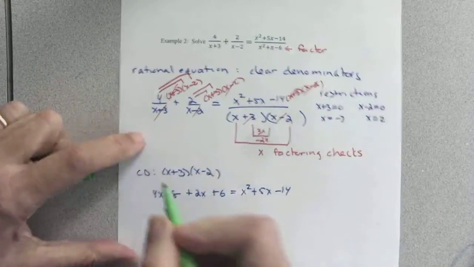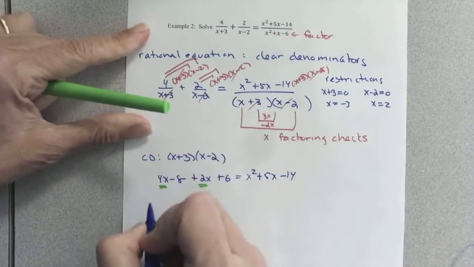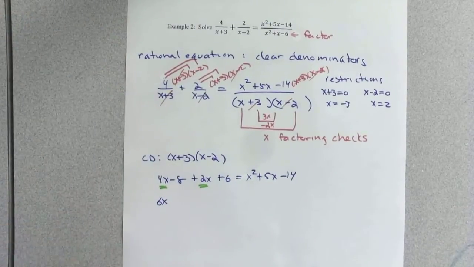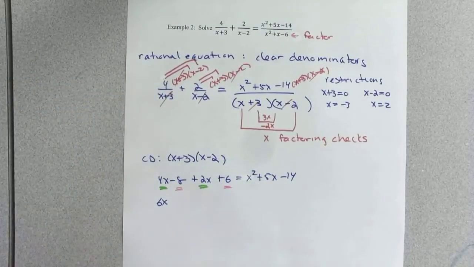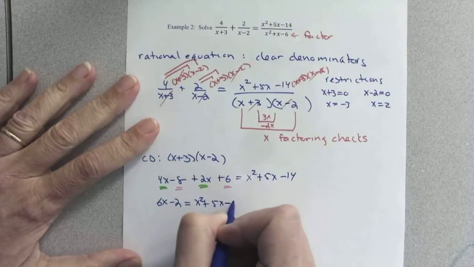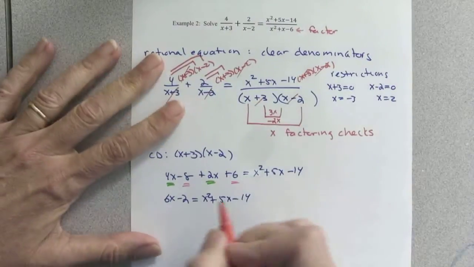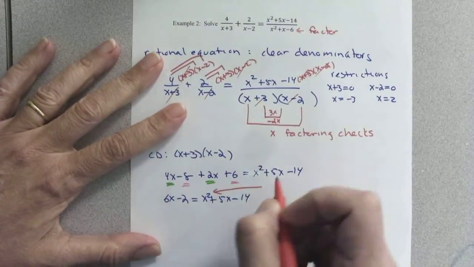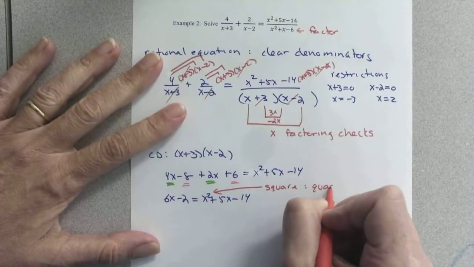Keep making it look pretty. So I'm going to have 6x there. Minus 2 equals x squared plus 5x minus 14. And now that I've done everything I can kind of do to it initially, I see right there that square. That tells me it's a quadratic.